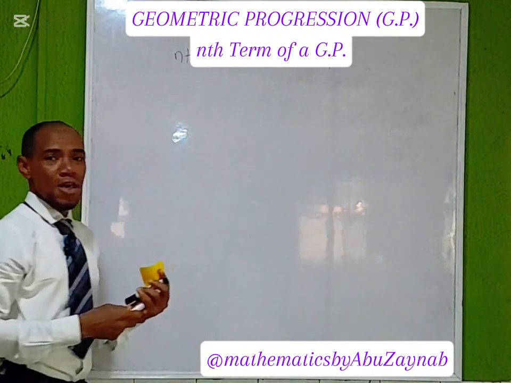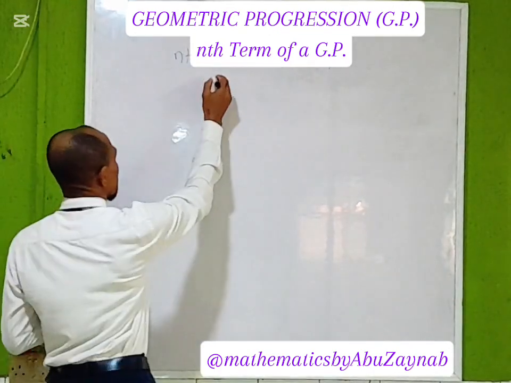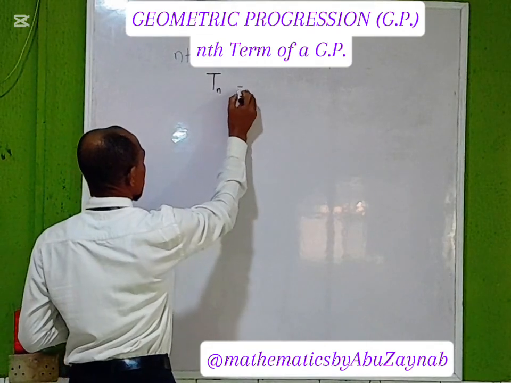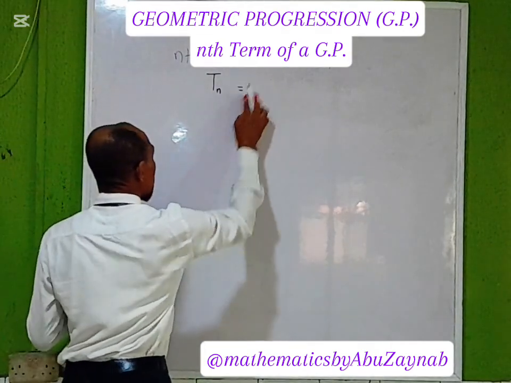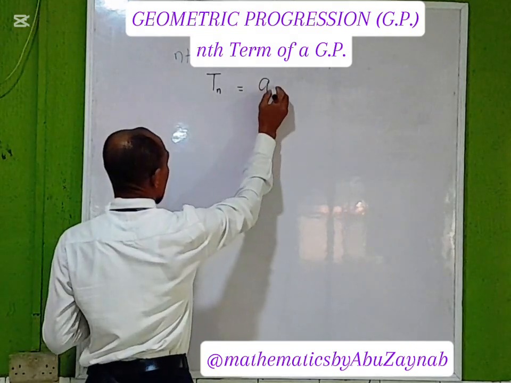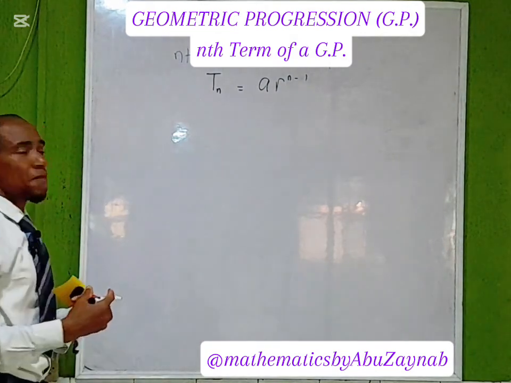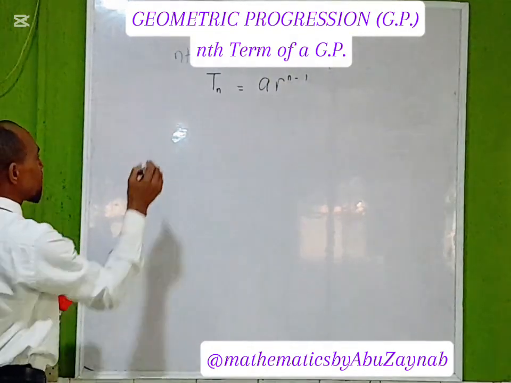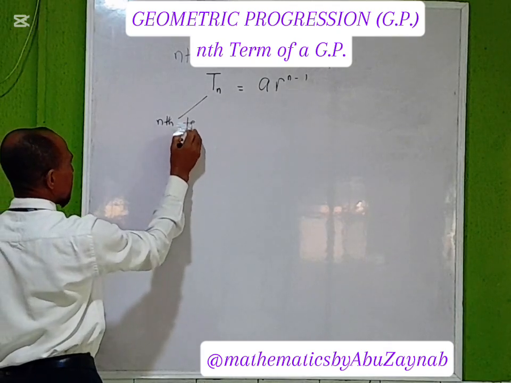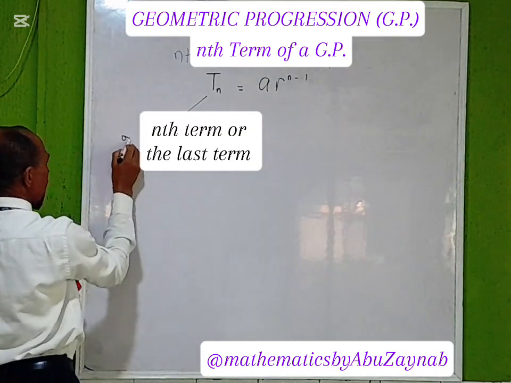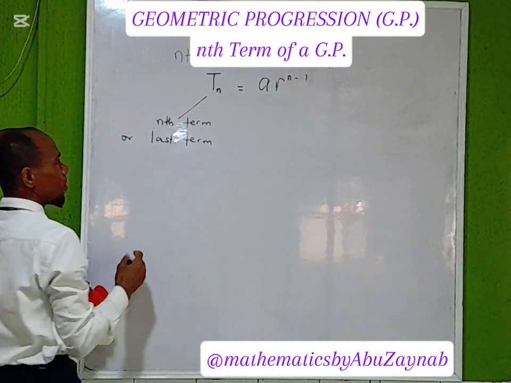Just like we had for the AP, the end term of a GP has a formula and is given as Tn equals A R raised to the power n minus 1. So we need to define what each of these parameters stand for. Tn is simply notation for the nth term, or in some cases is referred to as the last term.